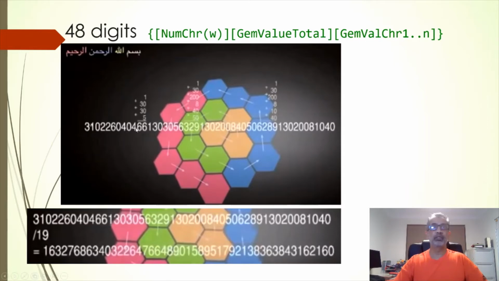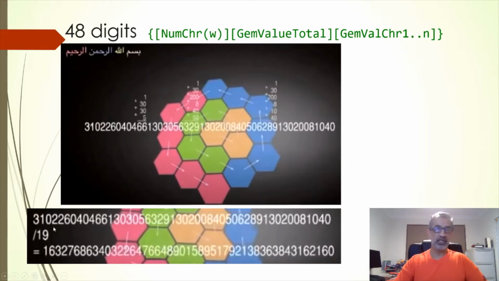And just keeps repeating that pattern. You end up with a huge big number based on this pattern: the number of characters in the word, the geometrical value total, then the geometrical value of each character. And then he sequences it all up.